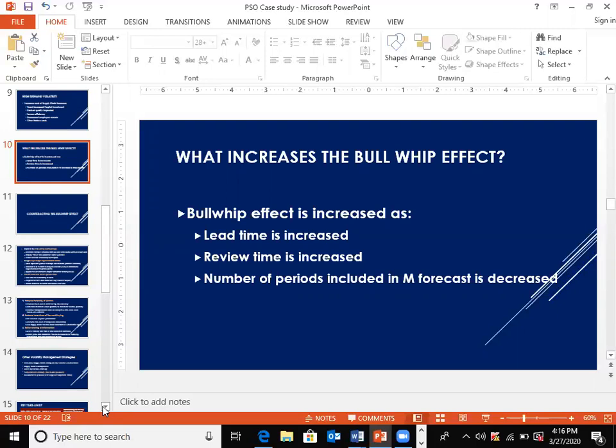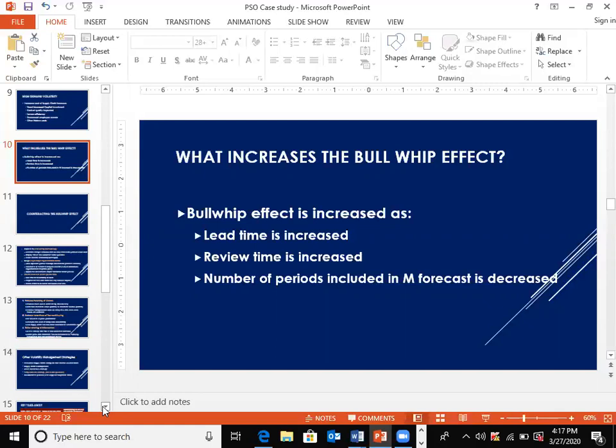And so when you take a really long time to manufacture something and give it to a customer, the bullwhip effect is increased. If you think about why, there's a lot of changes that happen. If you're taking a really, really long time to deliver something, by the time you deliver it, the whole situation may have changed.